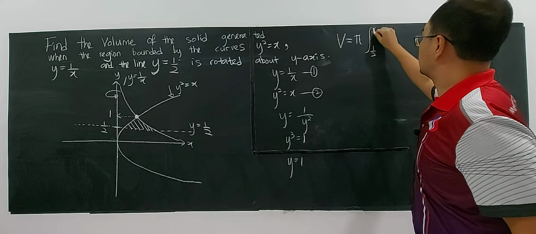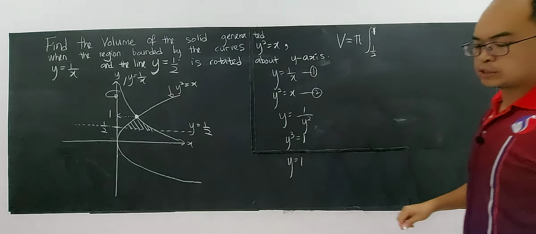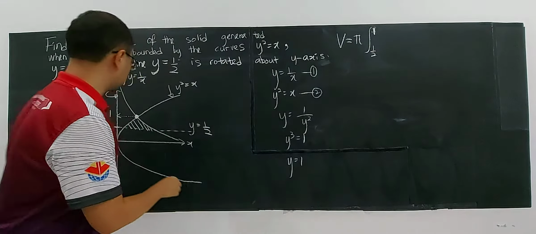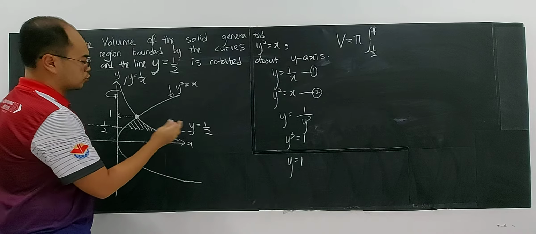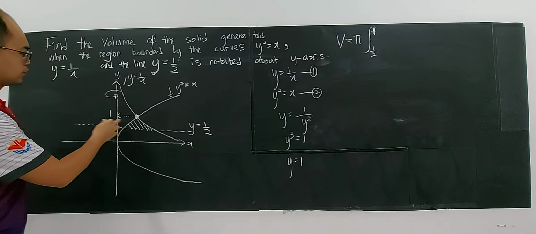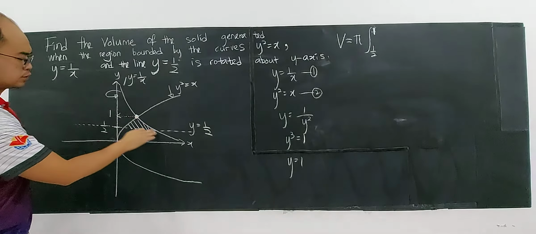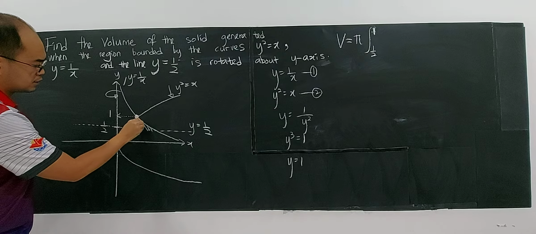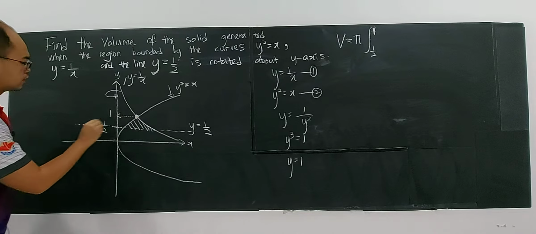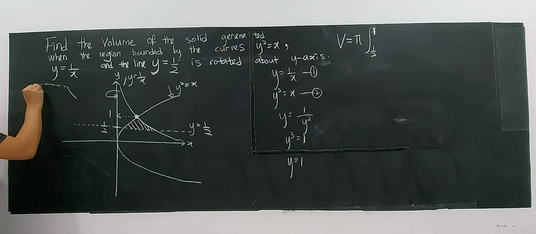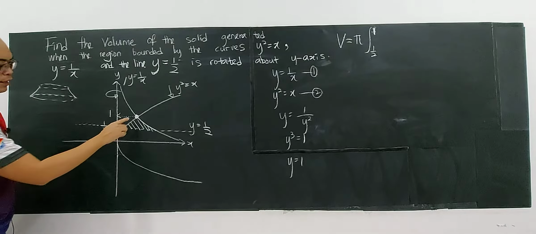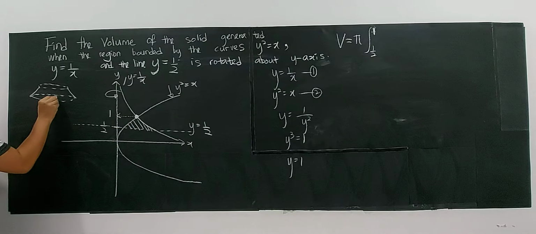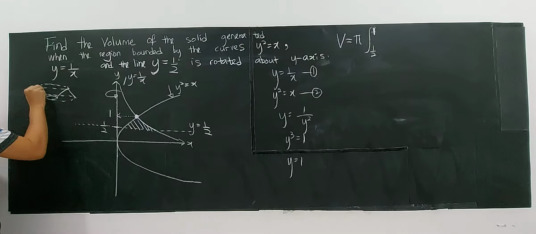Which is farther away from the axis, between y equals 1 over x and y squared equals x? Of course, the reciprocal graph. This curve, if you rotate it, will form a bigger solid, and you have to take away the smaller solid.